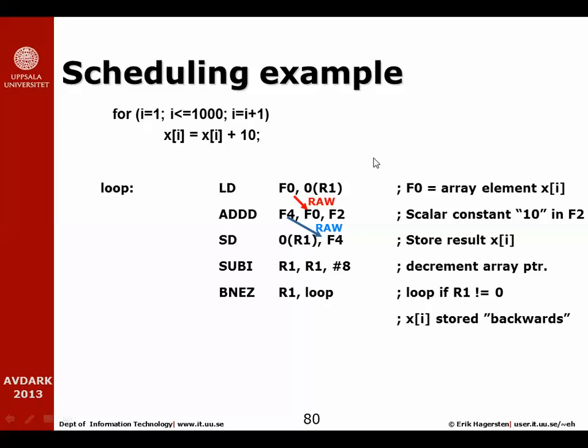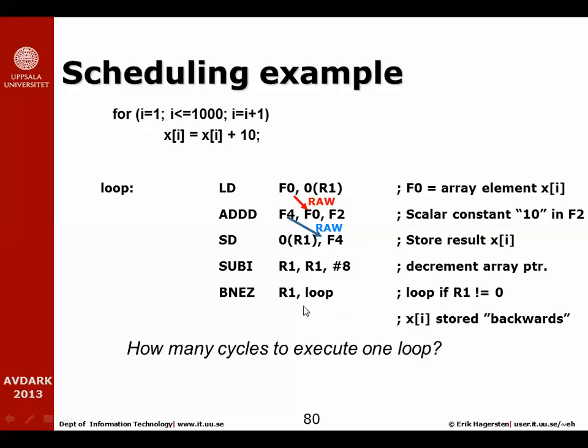So when we ask ourselves how many cycles it would take to store the value, then we have to remember the specification of this architecture that says that there has to be at least one cycle between a load double and an add double, and it has to be at least 2 cycles between the add double and the store double, assuming now that there are these kind of dependencies here. So when we figure out how many cycles it takes to execute this loop, we have to take that into account.